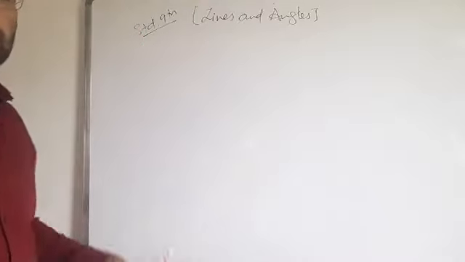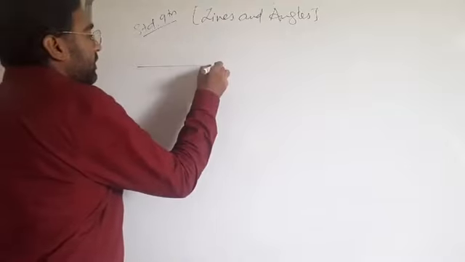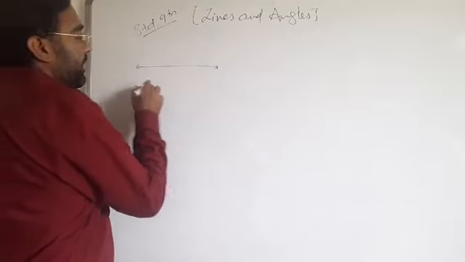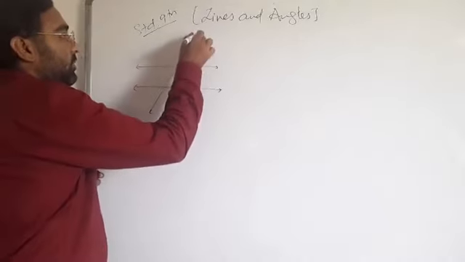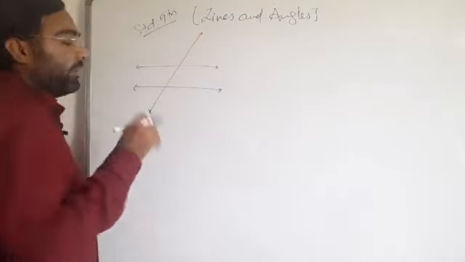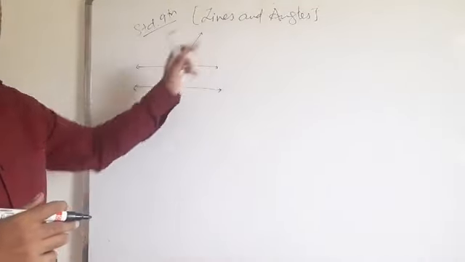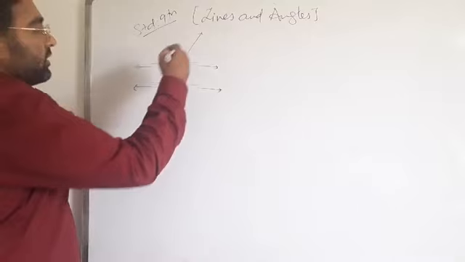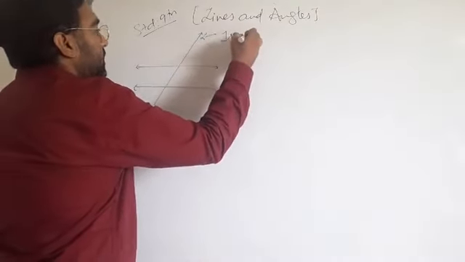Here my concept is, if two parallel lines are given, and a third line intersects these two parallel lines, we call it a transversal.